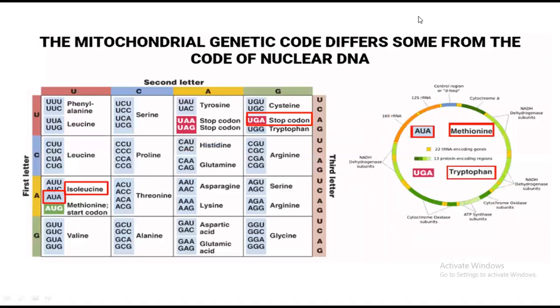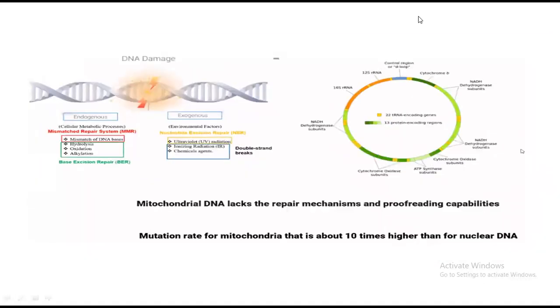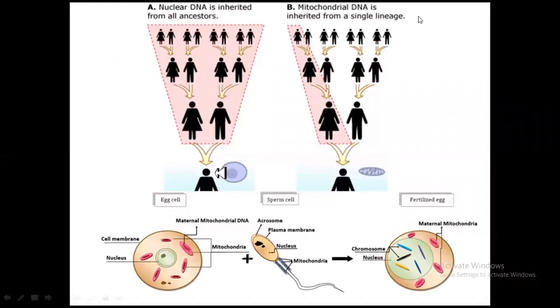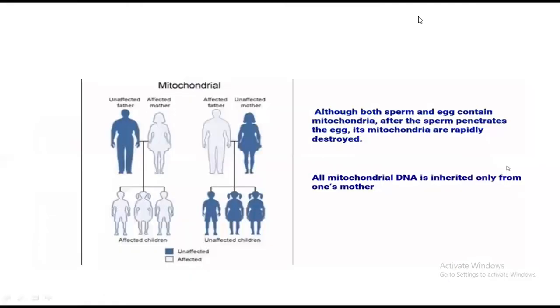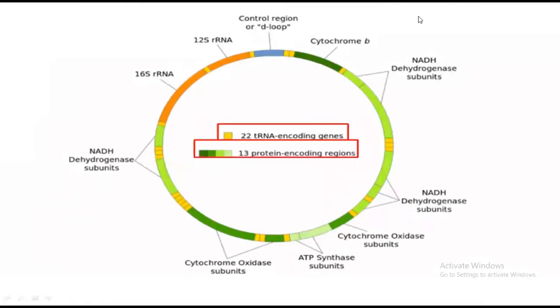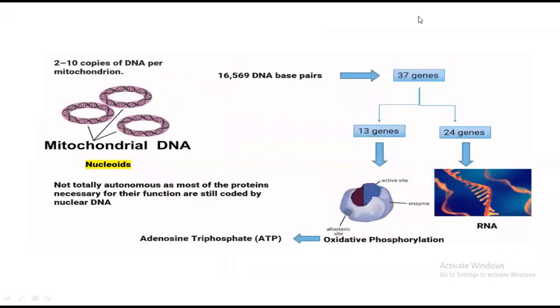We discussed the differences. We discussed the main reason why mitochondria can only be inherited from the mother, not from the father. We have discussed the structure of the mitochondrial DNA and the genes, the proteins and the transfer RNA they are coding, the different portions that encode for different enzymes.